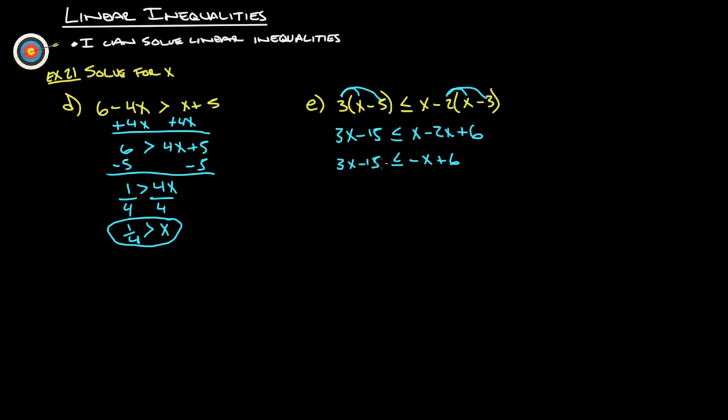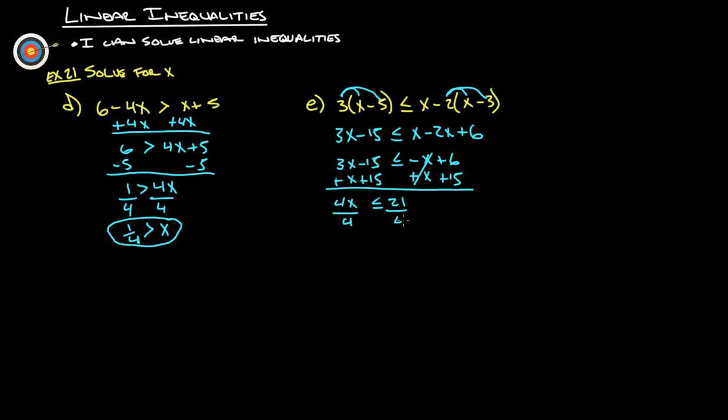Again, I like to keep positive x's, a positive variable, so I'm going to add my x to both sides. That's going to leave us with 4x here, and those cancel out. We want to get rid of this 15, so we're going to add 15 to both sides. We have 4x is less than or equal to 21.